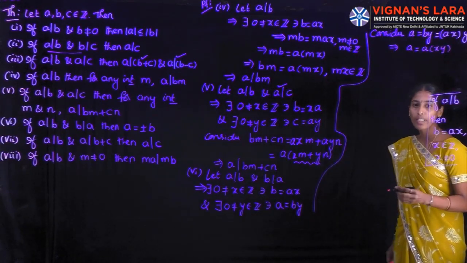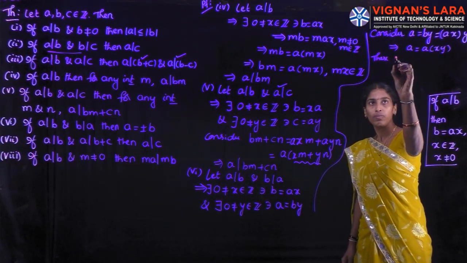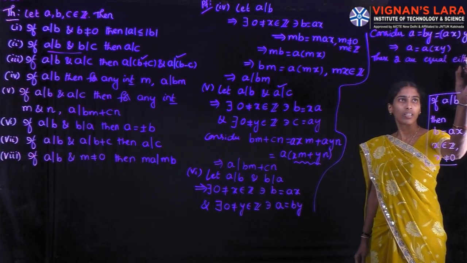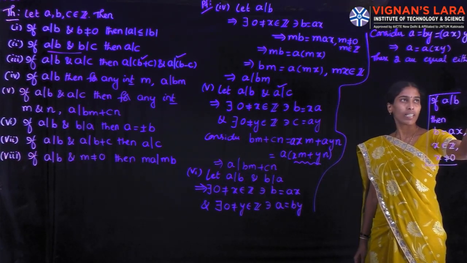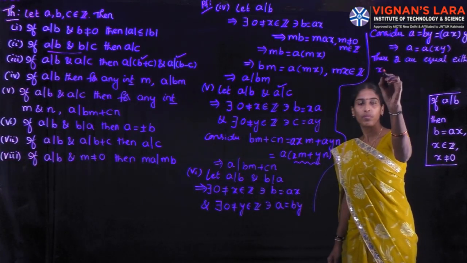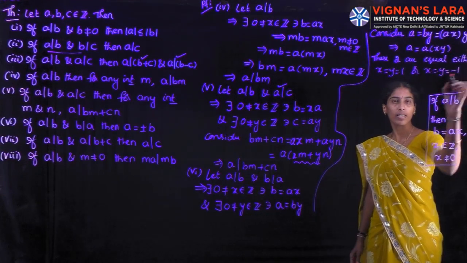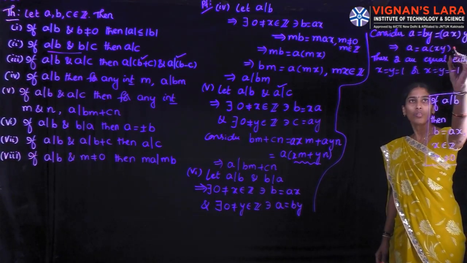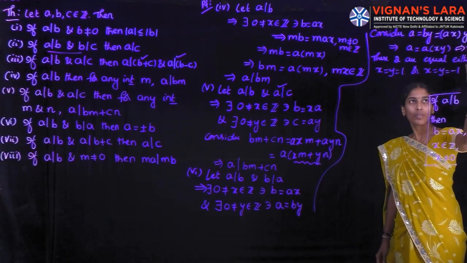When these two are equal, this product must be equal to 1. These two are equal if xy is equal to 1.